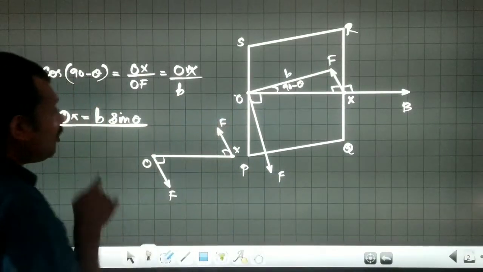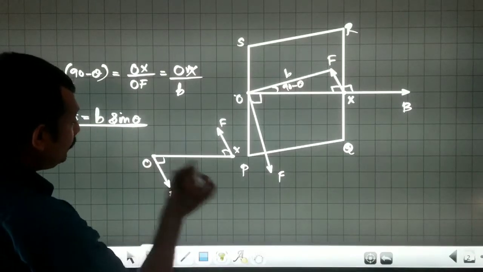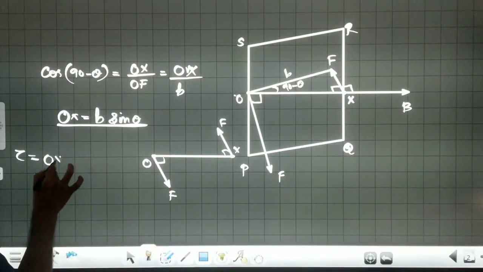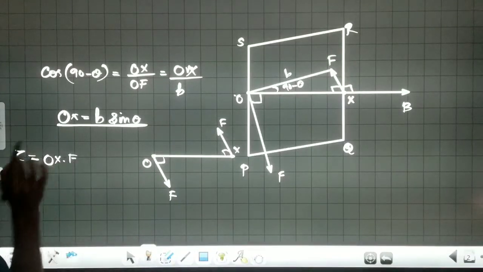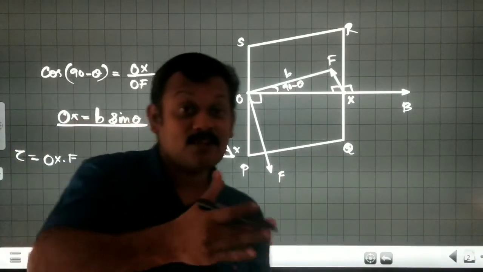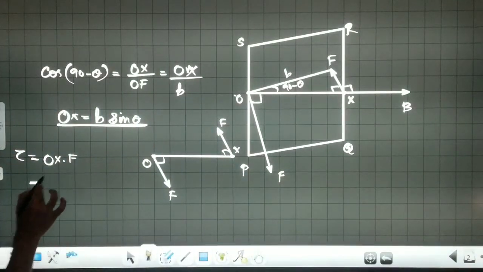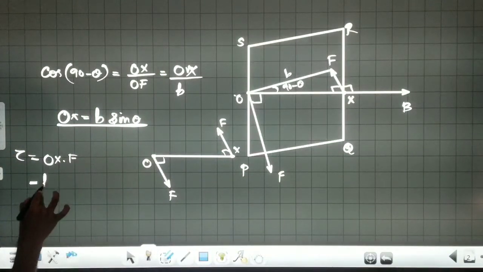These two forces now form a couple with the torque equal to OX into F. Now OX is equal to B sin theta.